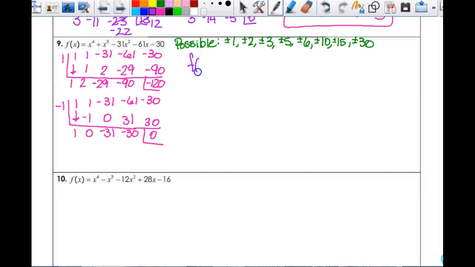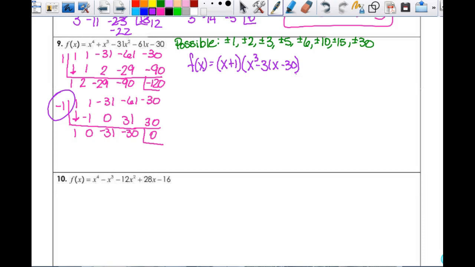So f of x is equal to, since -1 works, that means the factor is x plus 1 times, and then this was x to the first, so that gives me x cubed, then what? Minus 31x minus 30. All right.